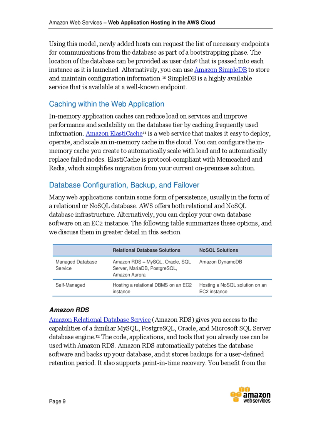Relational database solutions, NoSQL solutions. Managed database service: Amazon RDS with MySQL, Oracle, SQL Server, MariaDB, PostgreSQL, Amazon Aurora; Amazon DynamoDB. Self-managed: hosting a relational DBMS on an EC2 instance; hosting a NoSQL solution on an EC2 instance.